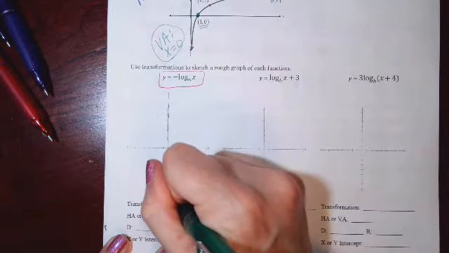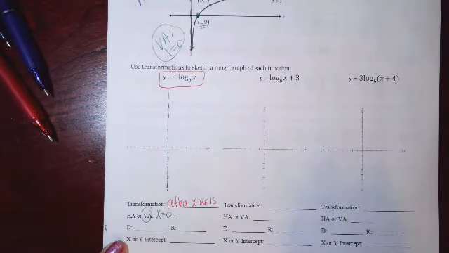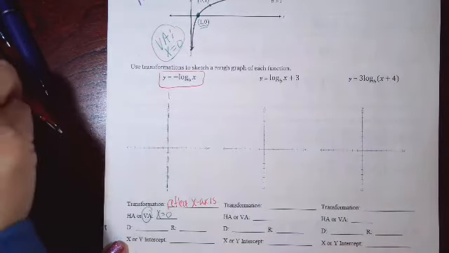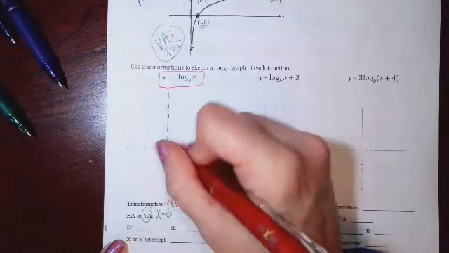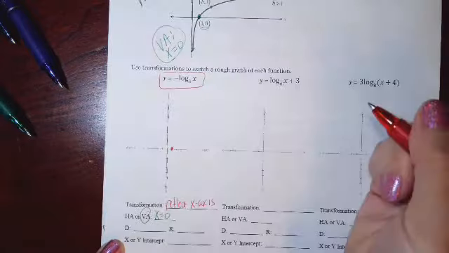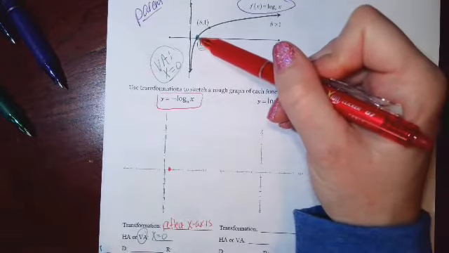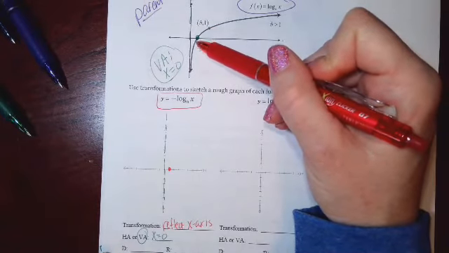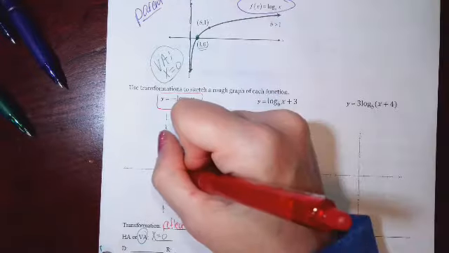So this vertical asymptote is going to stay at x equals 0. It's not going anywhere. If I'm flipping it upside down, this x-intercept isn't going to have to move. But, and this is how I think through it, I think, okay, so where this tail goes down, if I flip it, now that tail is going to go up.